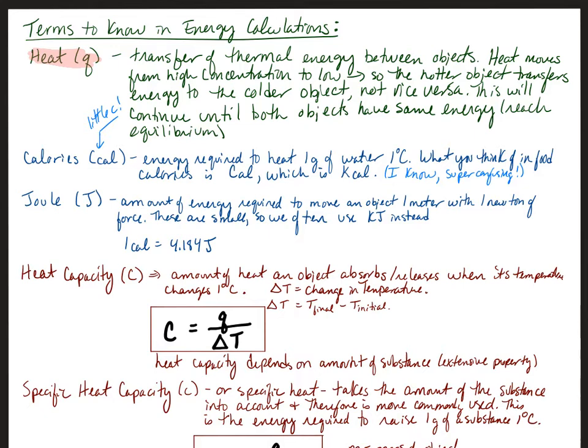Here's something that I didn't realize when I was taking general chemistry: heat moves from high concentration to low. So that means that the hotter object is actually transferring energy to the colder object. So if you have ice cubes in your drink, it's actually the water in your drink that's giving the cold part its energy.